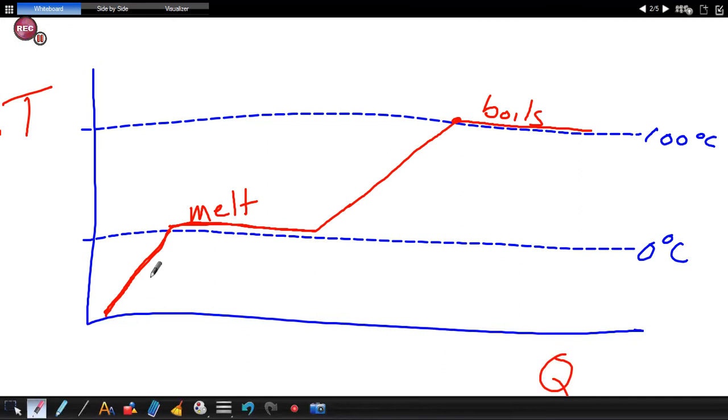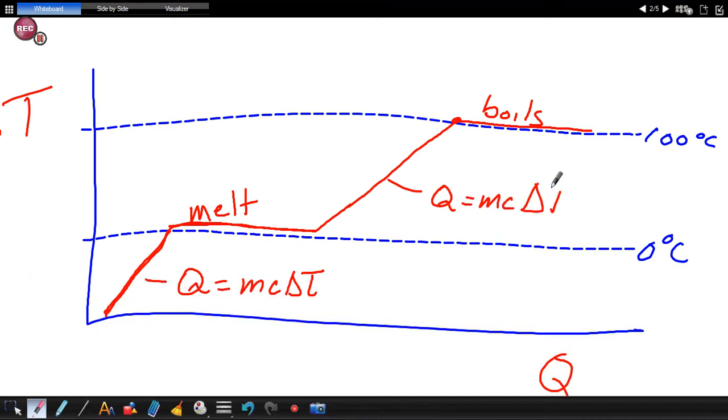So in these sloped parts, the heat we put in is MC delta T. But we need something to explain the melting and the boiling. So in these areas, these are the phase changes.